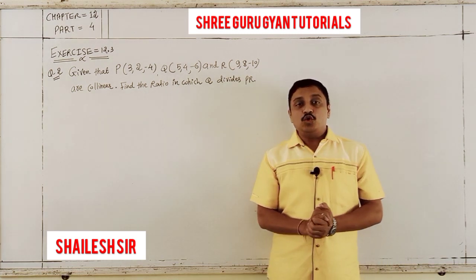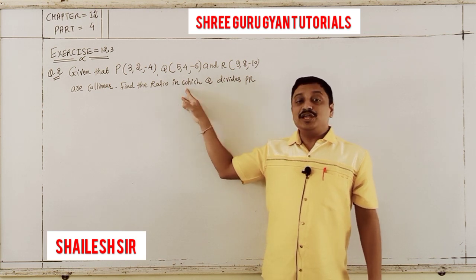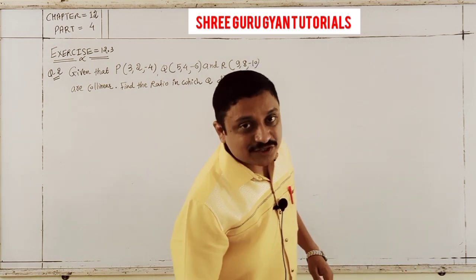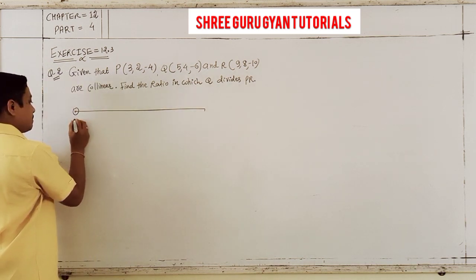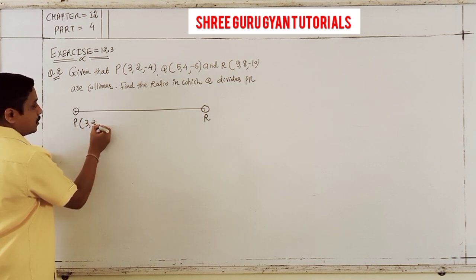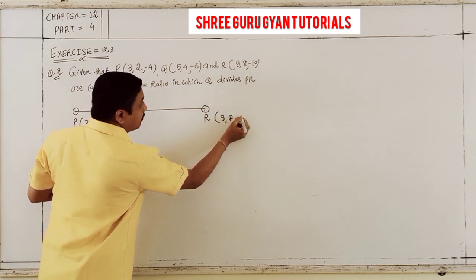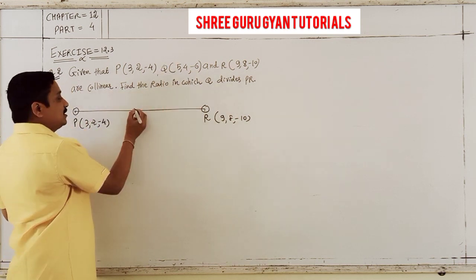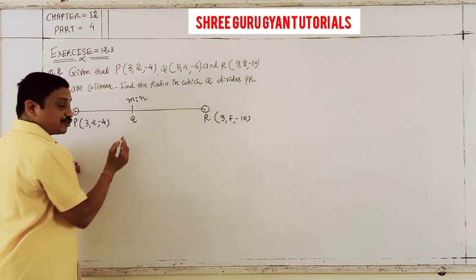Given that P, Q and R are collinear points, find the ratio in which Q divides PR. Very easy. First of all, I draw our segment PR, with P here and R here. P is (3, 2, -4), R is (9, 8, -10), and we need to find the ratio in which Q divides PR. Here for Q, I assume the ratio m to n.